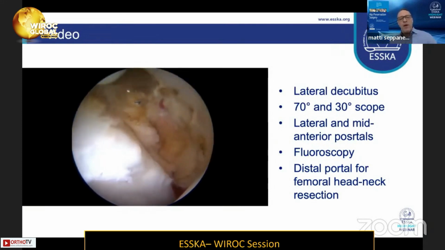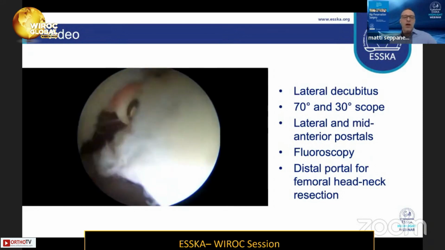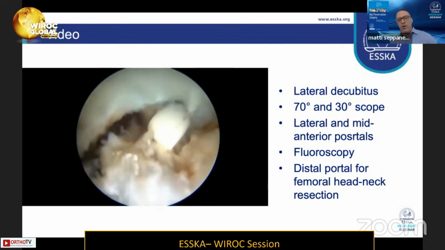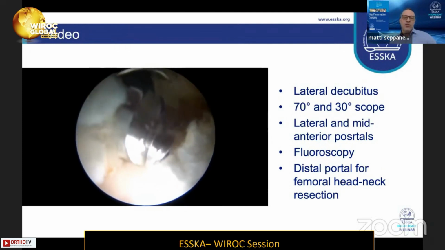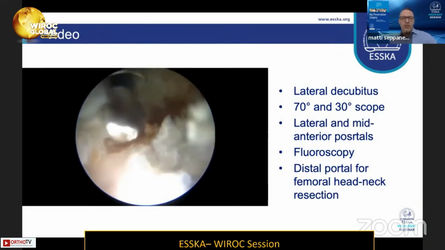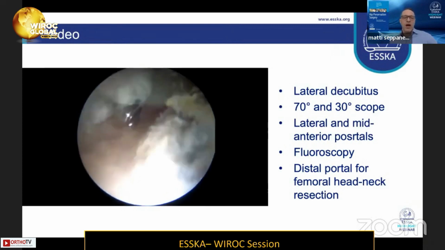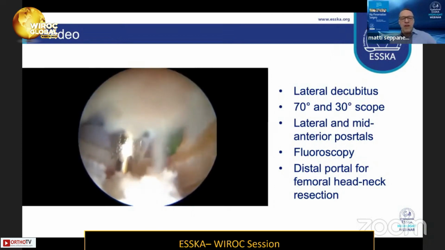My preference is the lateral decubitus position, where you can work without any help from your scrub nurse. I usually choose lateral and mid-anterior portals, where I can do the release of the labrum. Then I can do the resection of the acetabulum.